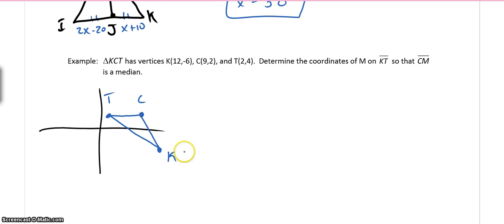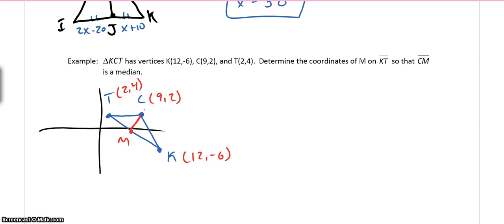And it says K is (12, -6), C is (9, 2), and T is (2, 4). Alright. Determine the coordinates of M on KT so that CM is a median. So we're going to determine point M on KT, so that CM is a median.